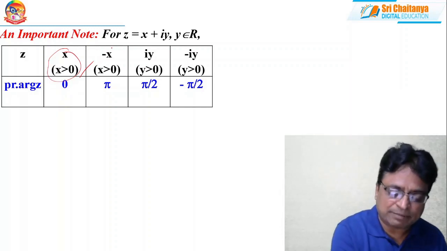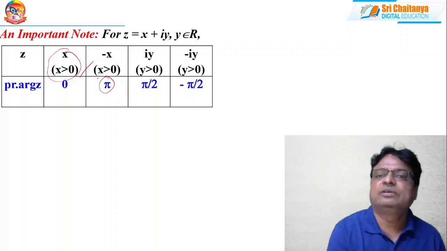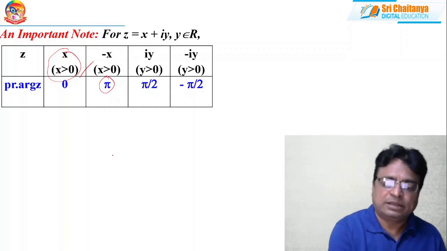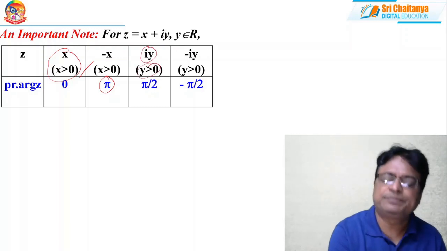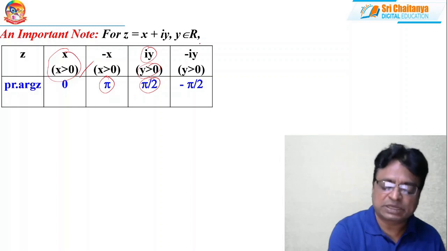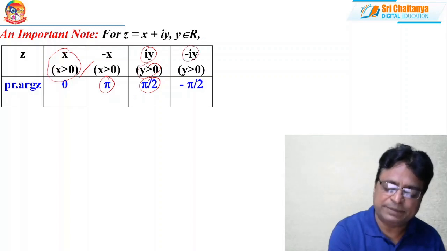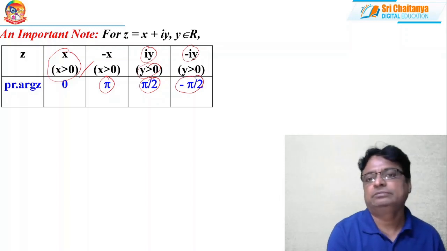If the complex number contains only a real part, and that real part is negative, then the argument is pi. If the complex number is purely imaginary, and the imaginary part is positive, then our principal argument is pi by 2. If the complex number is purely imaginary, and the imaginary part is negative, then the argument is minus pi by 2.